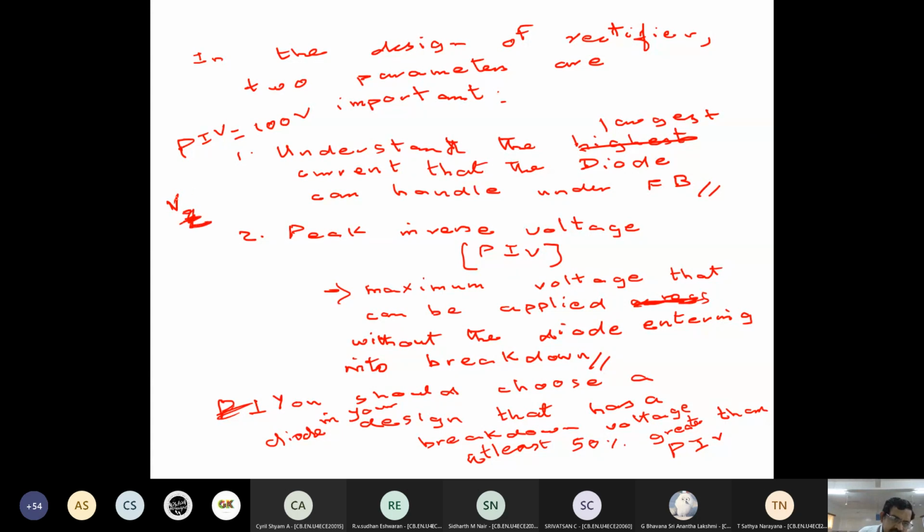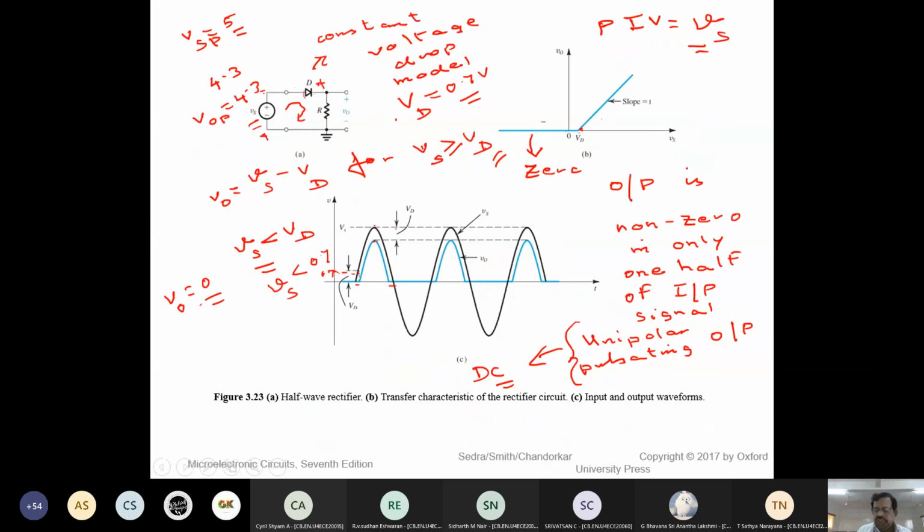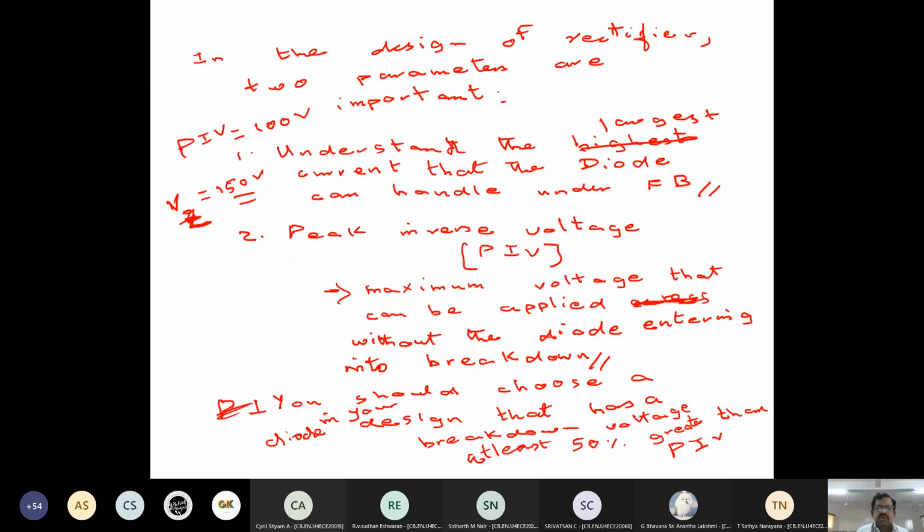So the VZ value, that is the breakdown voltage, should be at least 150 volt, 50% higher than this PIV. 50% of 100 is 50, so the breakdown voltage must be 150. As long as my input is within this 100 volt, I will never be entering the breakdown. Therefore, I will be ensuring this kind of behavior in the transfer characteristic. Okay, so that is about the half wave rectifier.